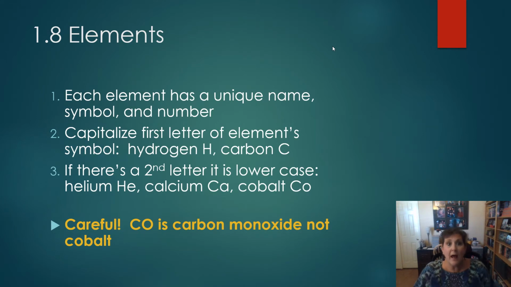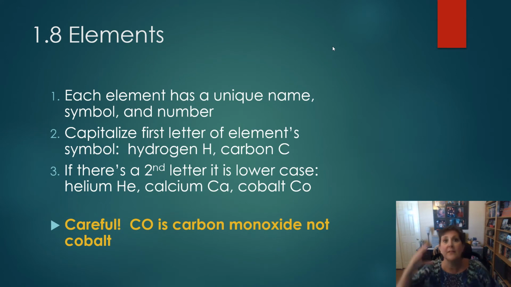Now, we capitalize the first letter of an element symbol. Hydrogen is a capital H. Carbon is a capital C. So the first letter is a capital in the symbol. If there's a second letter, it has to be lowercase. Helium is a capital H with a lowercase e.